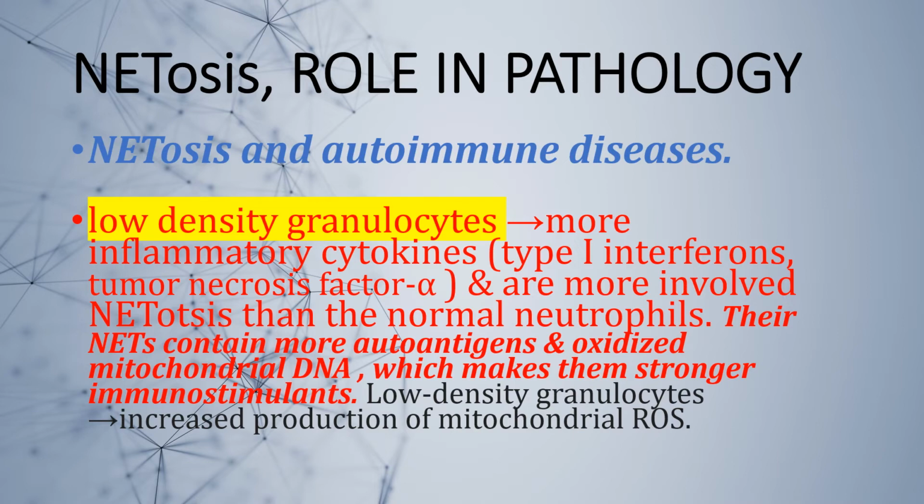Their NETs contain more autoantigen and oxidized mitochondrial DNA, which makes them stronger as an immune stimulant. Also, one of the characteristics of low-density granulocytes is increased production of mitochondrial reactive oxygen species.